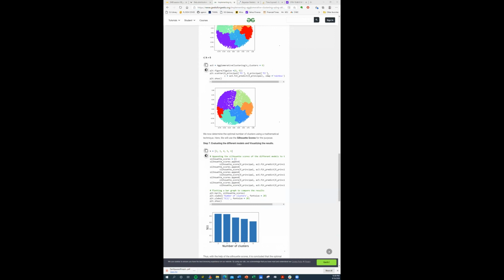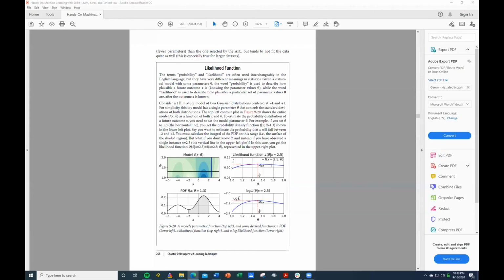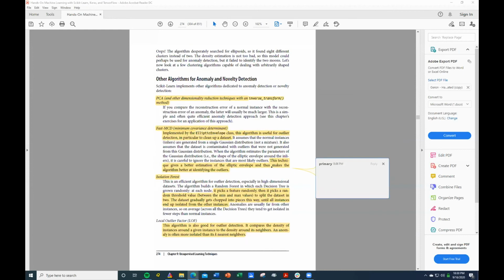I will go back to page 274, and just note the other algorithms for anomaly and novelty detection with a little bit of love given for PCA, because it's such an awesome thing to do, and mention that also fast MCD in the elliptic envelope class can be used for outlier detection.